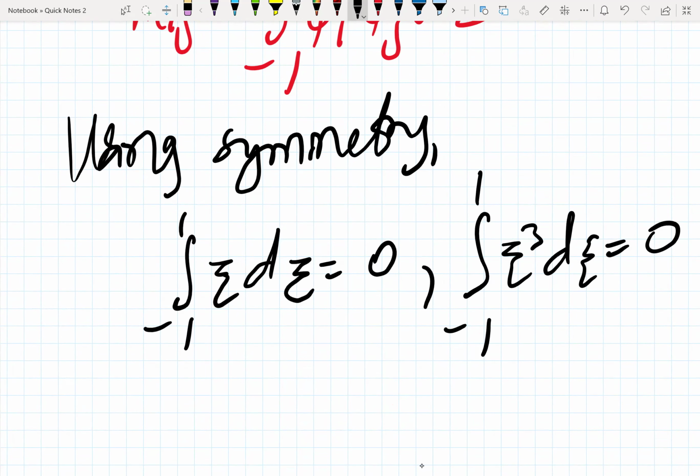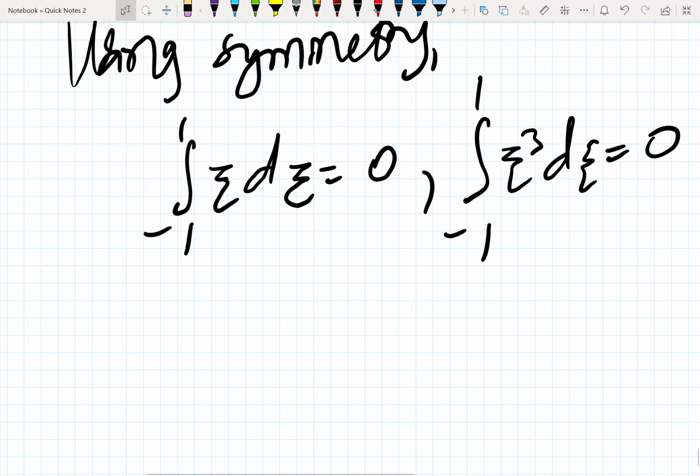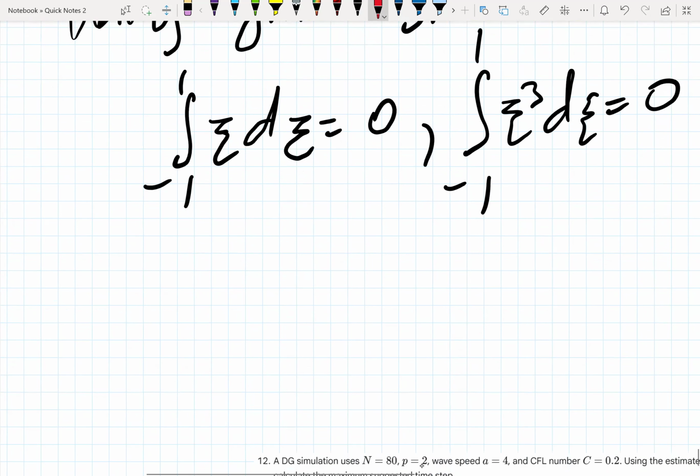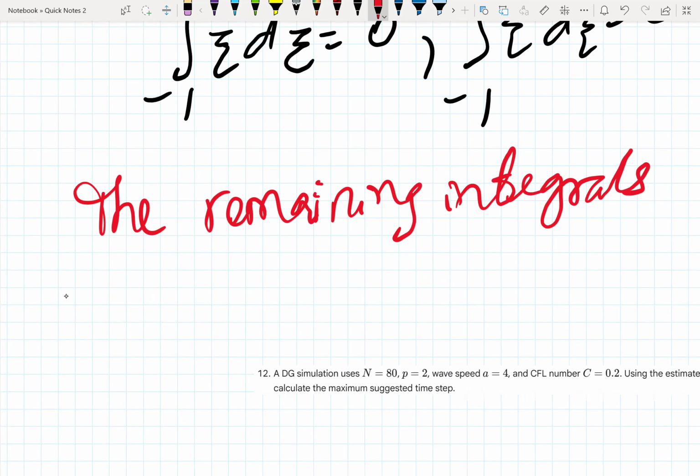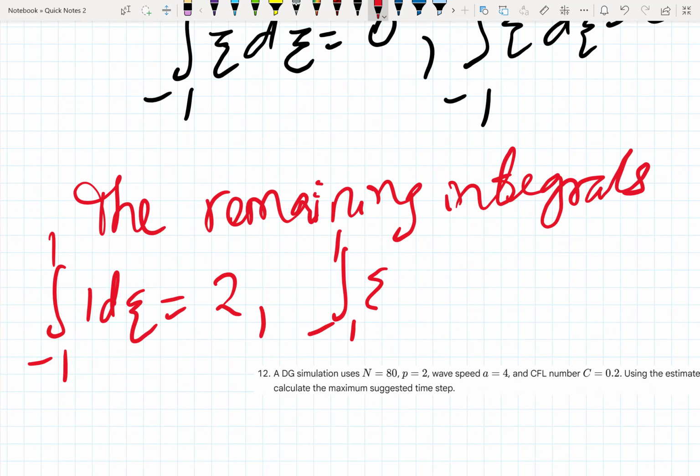Then the remaining integrals: the integral from -1 to 1 of 1 d psi is equal to 2. Then the integral from -1 to 1 of psi squared d psi is 2 over 3. And that continues like that. Oh, I may have to move this down. Okay, let me try to move this down now.